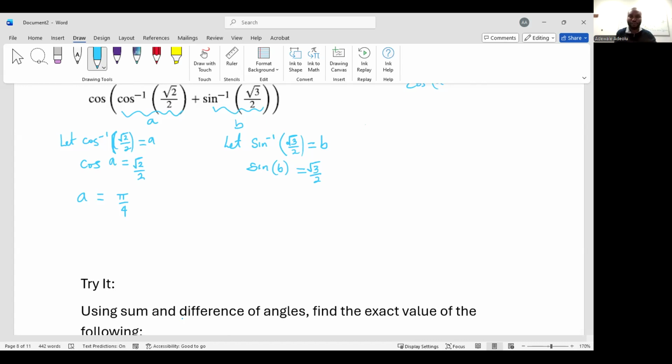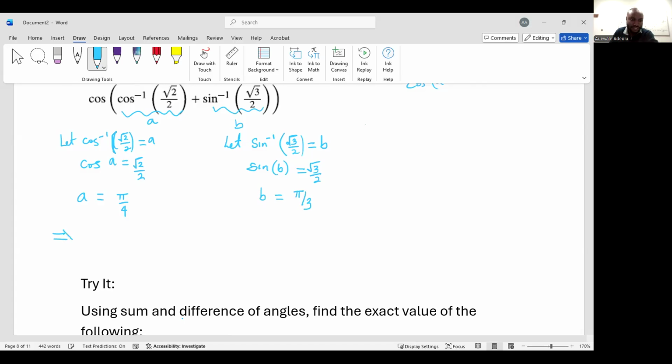However, 2 pi over 3 is not in the restricted domain of sine that enables us to find the sine inverse. So I would say B, that angle, should be pi over 3. This idea is from our last lesson.